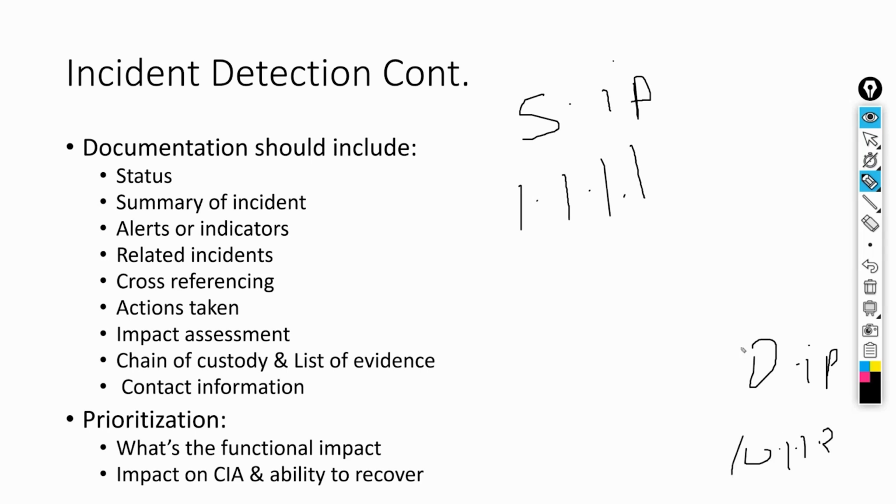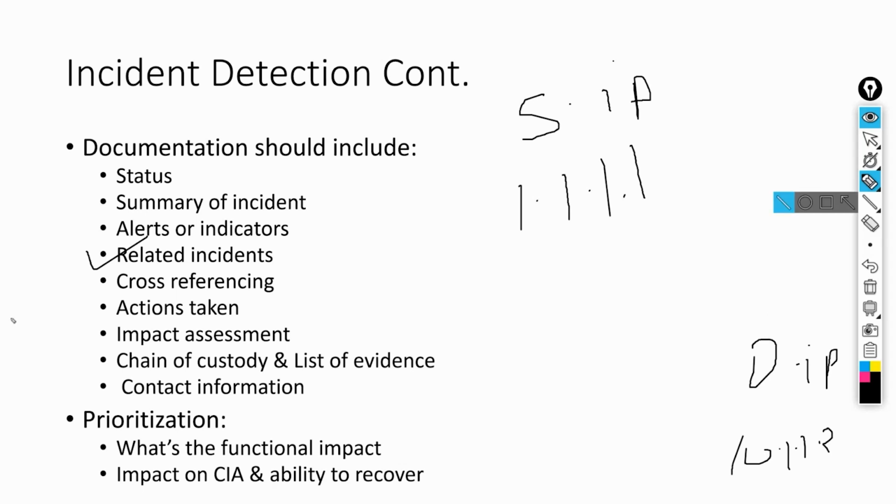But if the source IP was already part of some previous offense, that will be considered a related incident. In SIM we normally call it offense chaining. When the source IP or destination IP is already part of another offense, that is called offense chaining.